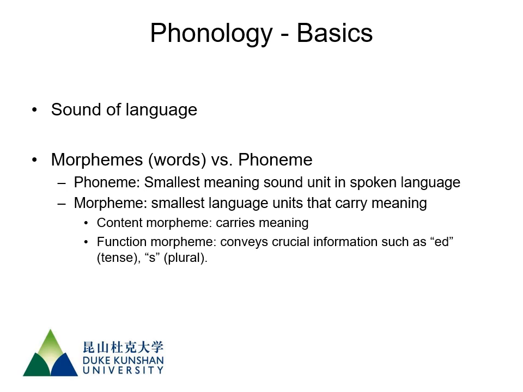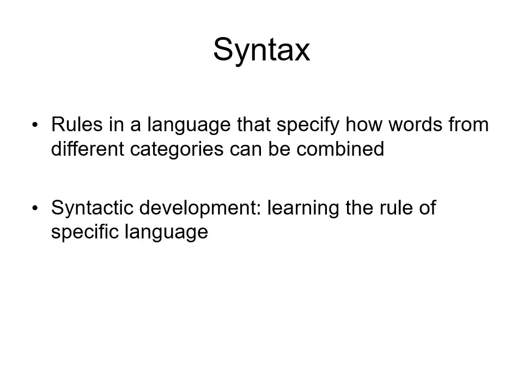Okay. Now, syntax is another aspect of language that basically refers to the permissible combinations of words from different categories that can be combined together. So this is like a rule in a language that specifies how words from different categories can be combined. Which means that when you violate the rule of the syntax, you can completely change the meaning of a sentence.